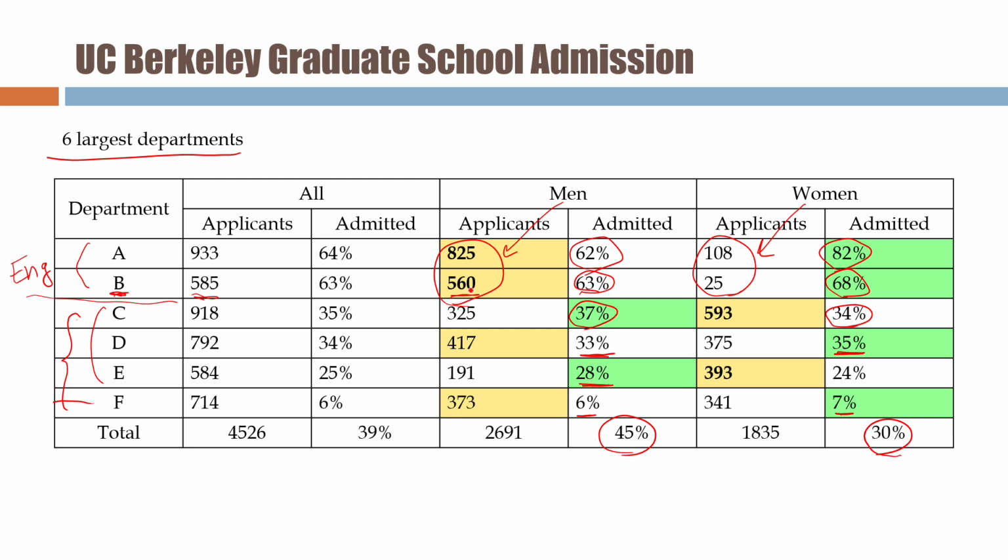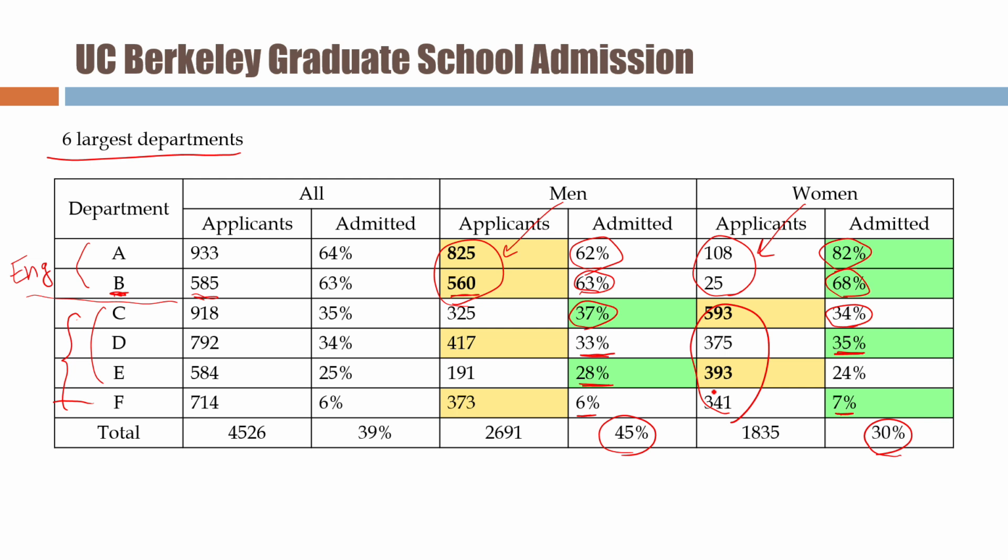Only 25 women applied for department B. So if you take a look at the tendency here, roughly we can tell men apply for the more generous departments. Most men apply for departments A and B, which are the departments that admit a lot of applicants. And women tend to apply for departments C, D, E, F. Those departments don't accept a lot of applicants.